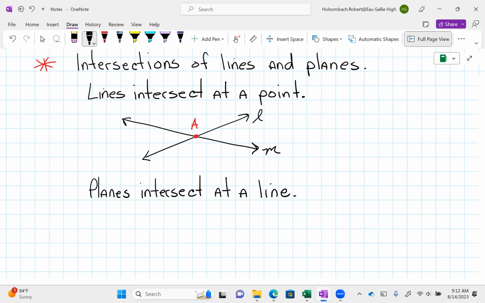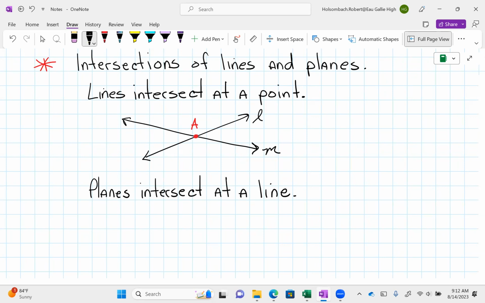And if you think of the front wall of the classroom where the projector is shining, that front wall is a plane. And the ceiling is a plane. And they intersect at that edge that goes all the way along the top, doesn't it? Don't they? And that forms a line, doesn't it?